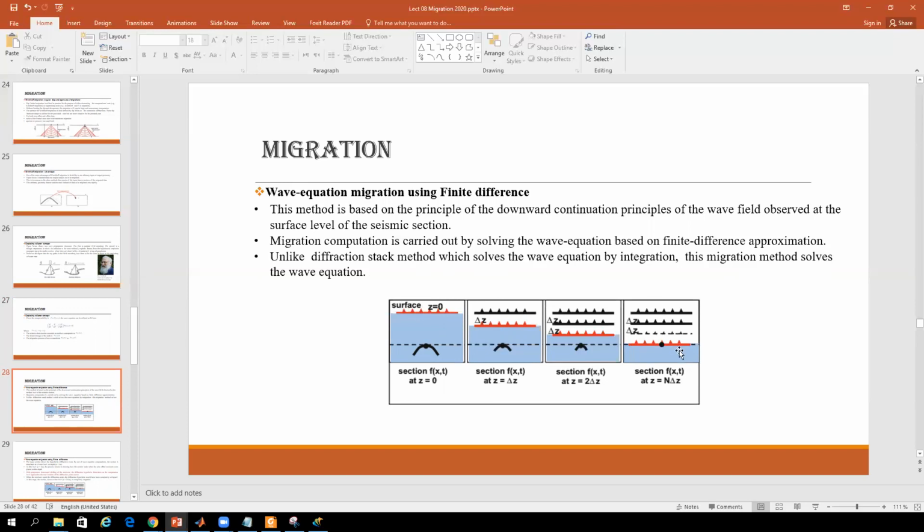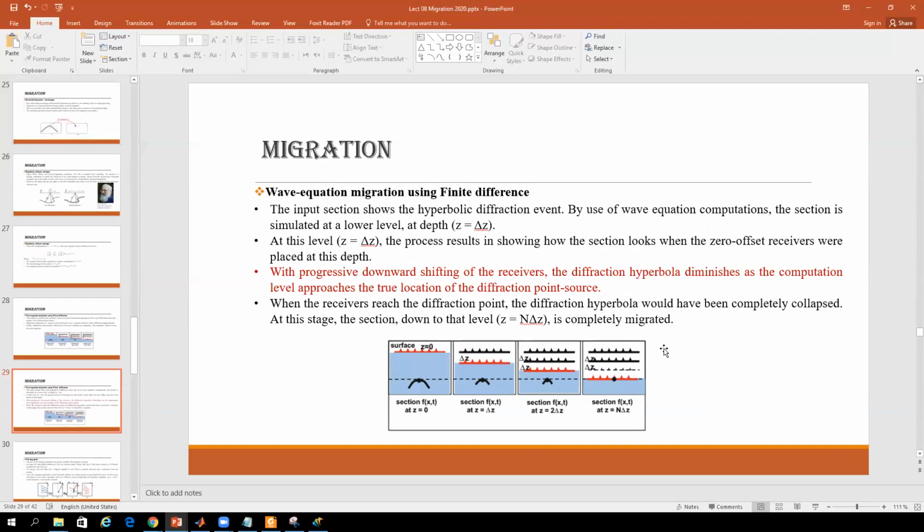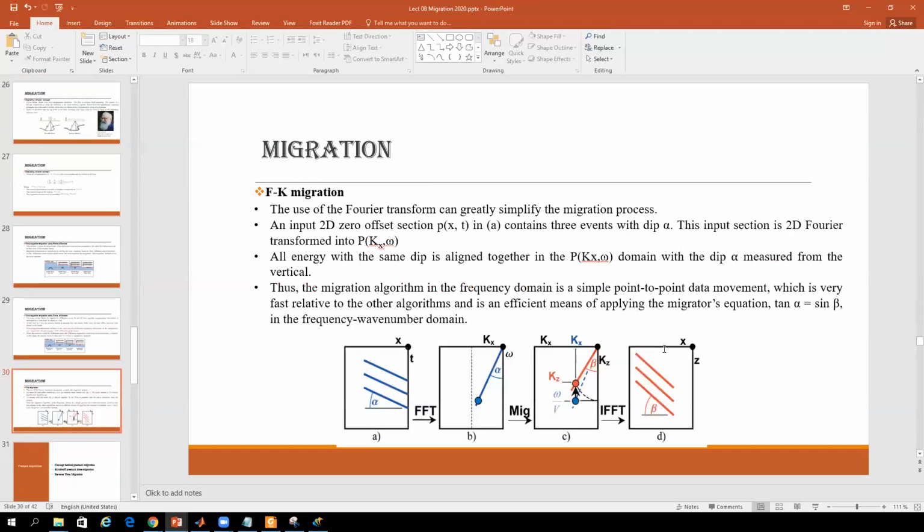At the target level, at the reflection point, or at the reflector, the diffraction curve will collapse, and then it will be a point. So this is the theory behind the wave equation migration. It's quite simple.